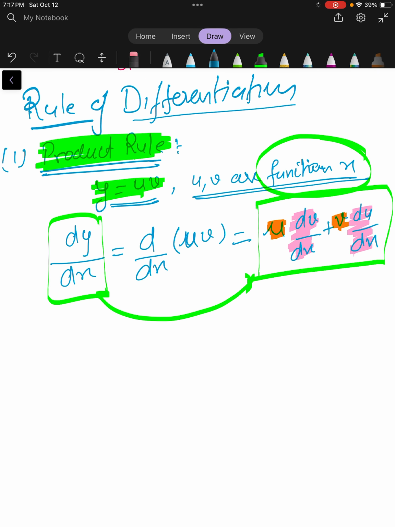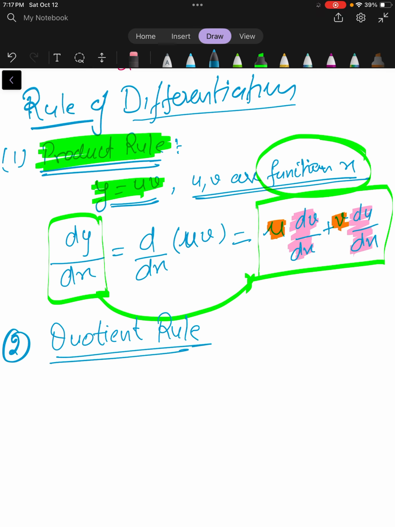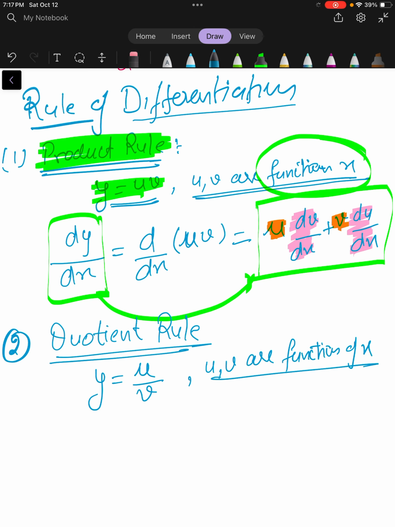Now another formula will be the quotient rule. The second rule is the quotient rule. What do you understand by the quotient rule? Say I have a function in the form of u upon v, where u and v are functions of x.